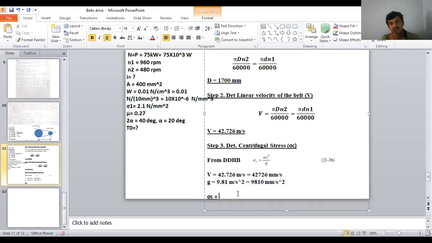All dimensions should be in meter. If we take W in Newton per meter cube, you'll get Newton per meter square, with V in meter per second and G in meter per second square.